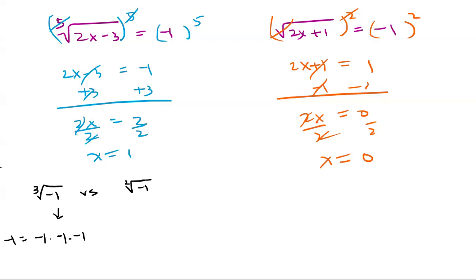And the answer is yes, right? -1 times -1 times -1 equals -1. And we can rewrite this as -1 raised to the third power. Everybody agree with that? Okay. So in this case, the cubic root of -1 we can write as -1 raised to the third power.